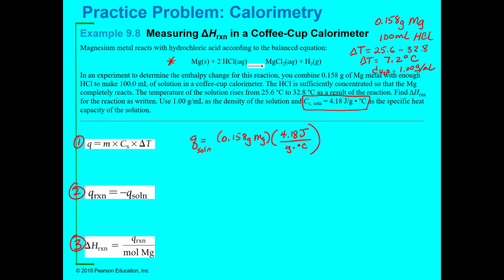That's your specific heat of water. So the hydrochloric acid solution is dilute enough that it also has the same. And then times delta T, which we said was a positive 7.2 degrees C.